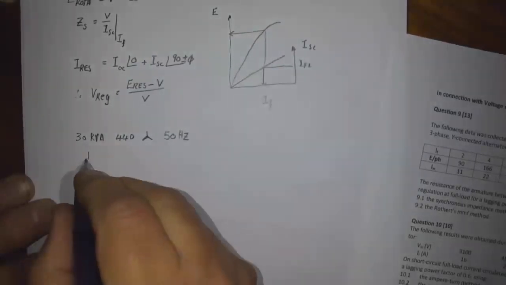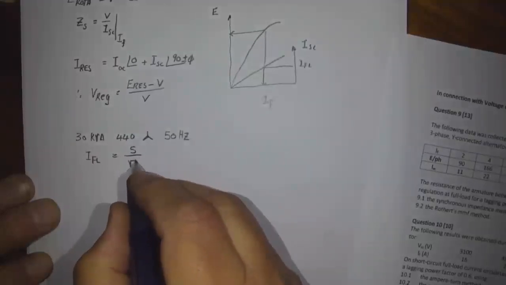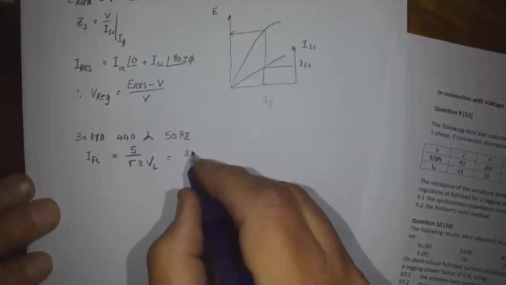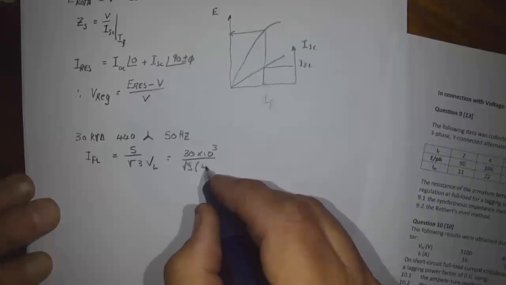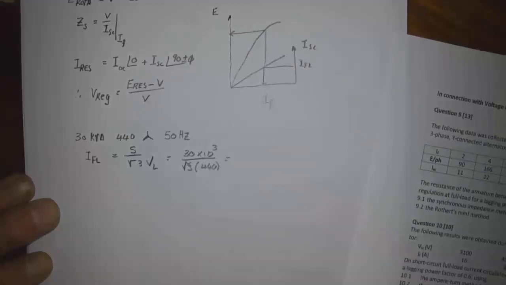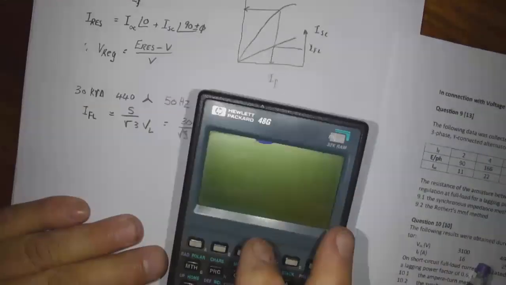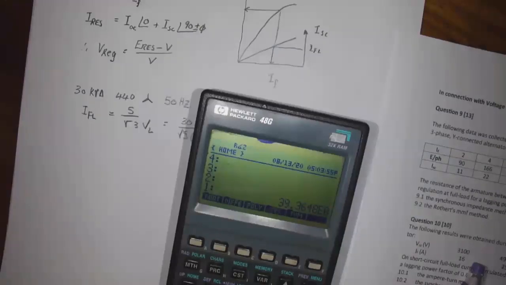So we can calculate I full load. That is kVA divided by square root 3 times V line. So that's 30 divided by square root 3 divided by 440. That gives us 39.36.